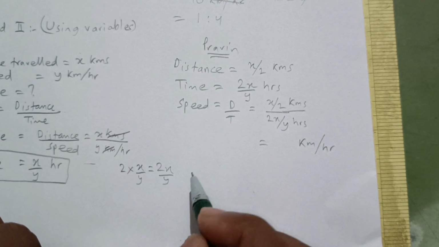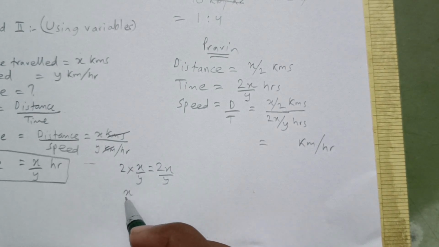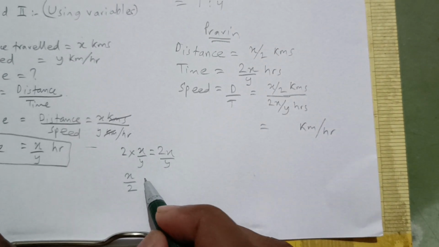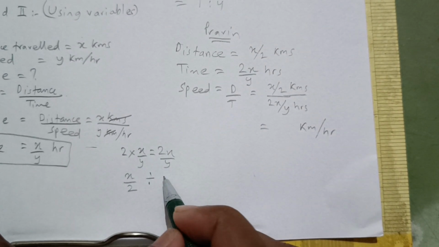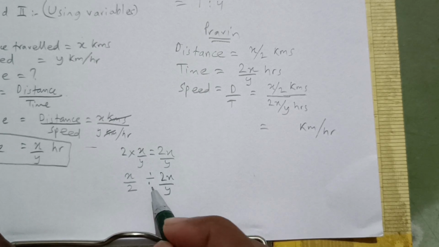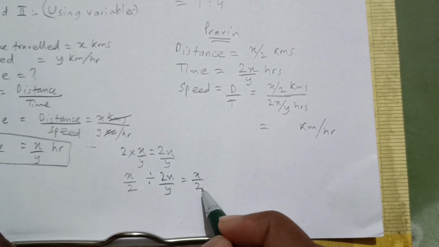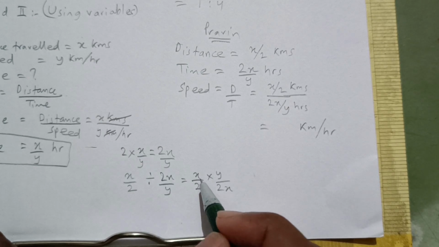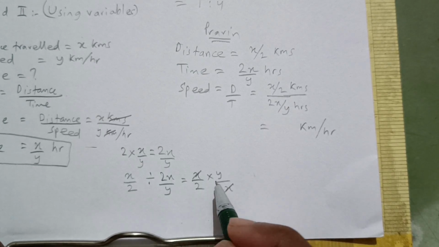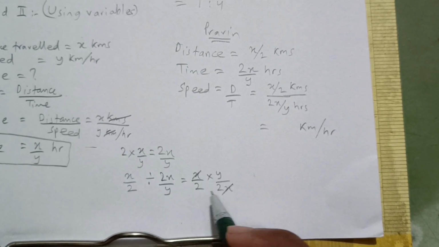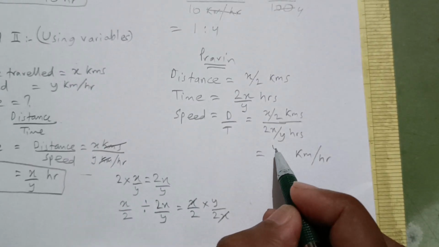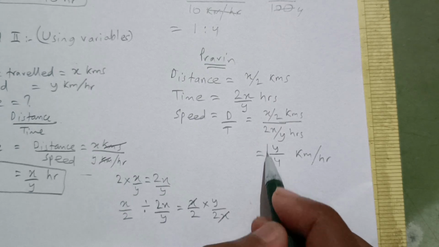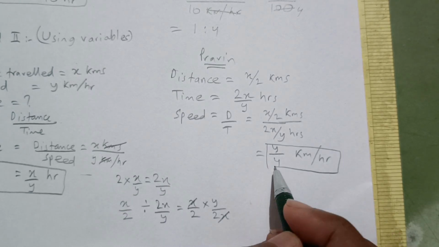So how to solve this? This means x by 2 divided by 2x by y. So this will become x by 2 into y by 2x. So this x and this x cancel. So this is y by 4. So speed of Praveen is y by 4 kilometers per hour.